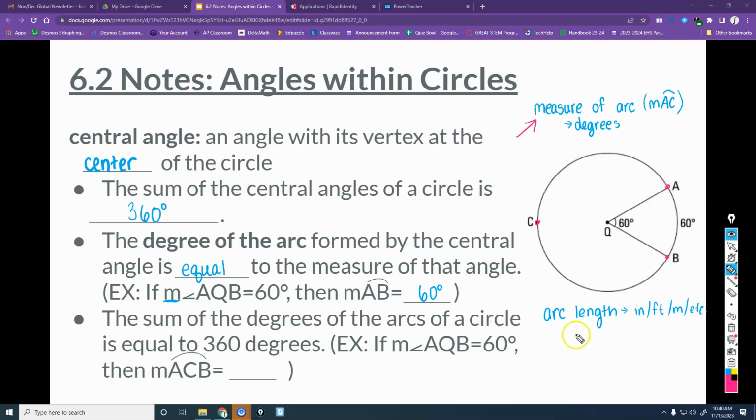Now, when we see ACB, we go in that order, A to C to B. So we're talking about not this little arc from A to B, but the rest of the circle. It'd be 300, right? We just subtract that from 360.